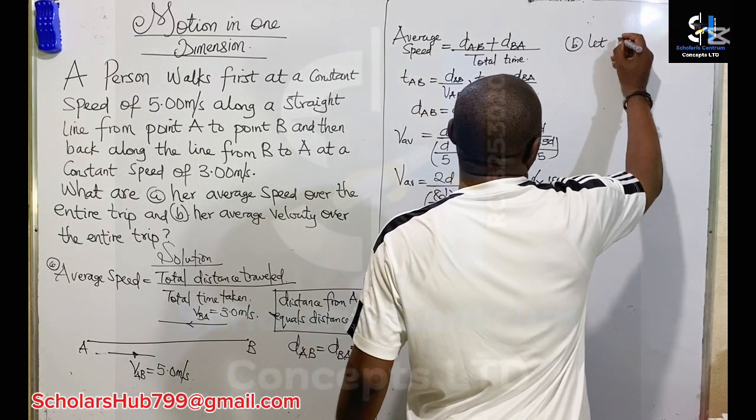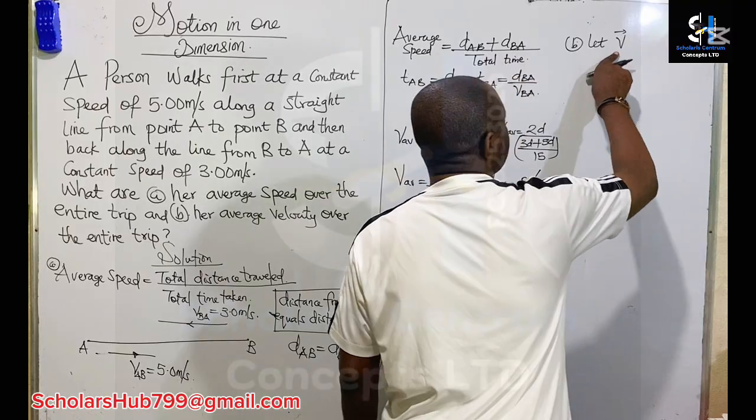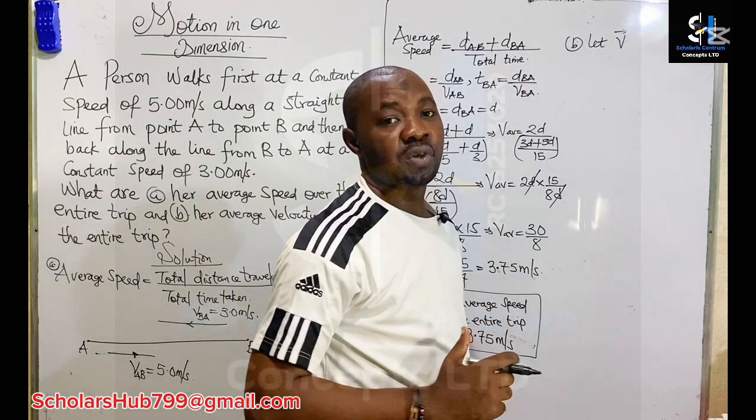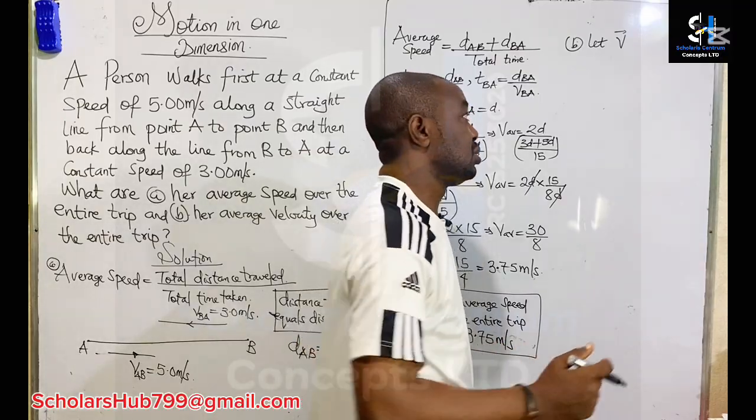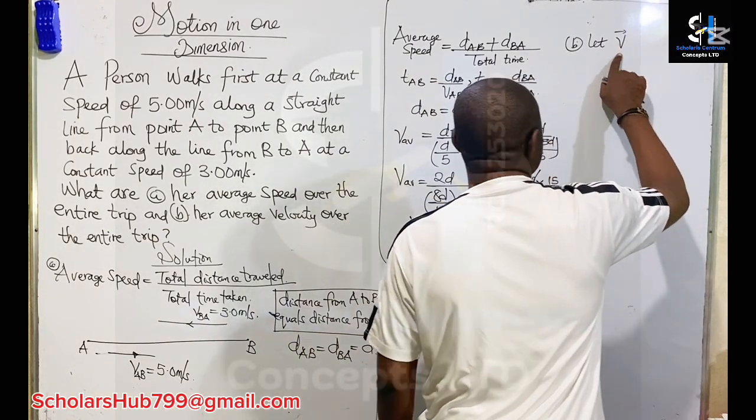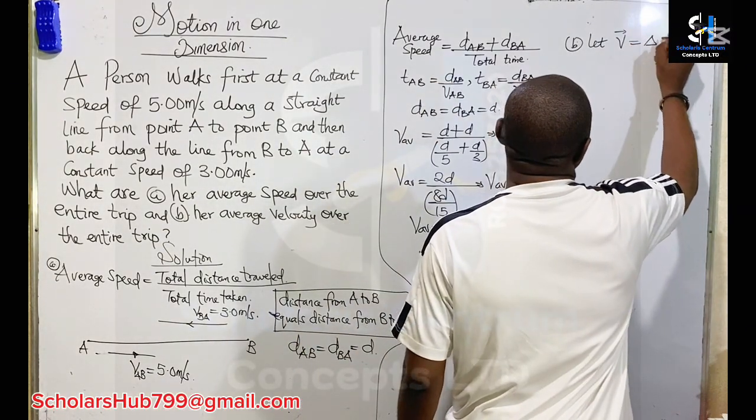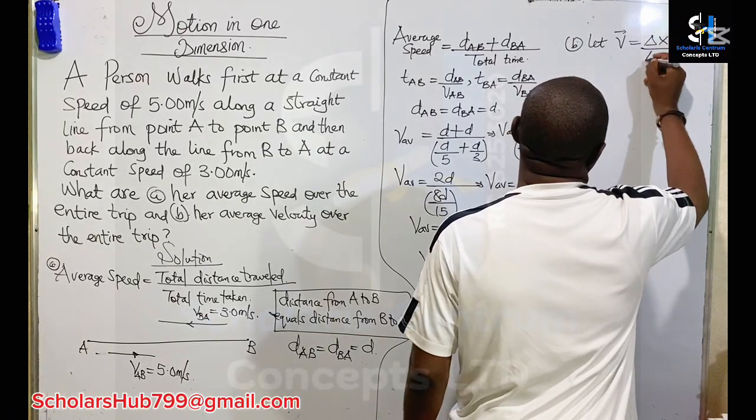So we can say, let V, now I have to put a directed line segment because velocity is a vector quantity, while speed is a scalar quantity. So velocity is equal to change in position over change in time.